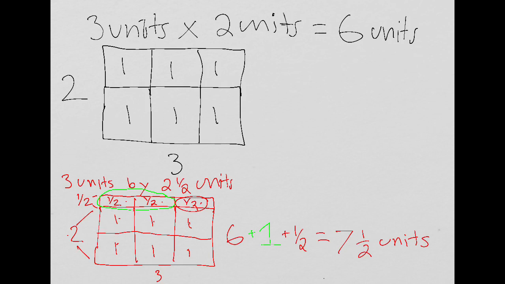So when we're finding the area, we have to think of it in terms of finding the whole part and then finding the fraction part as 2 separate pieces, and then we can combine them together via tiling. So my area is 7.5 units or 7.5 tiles.